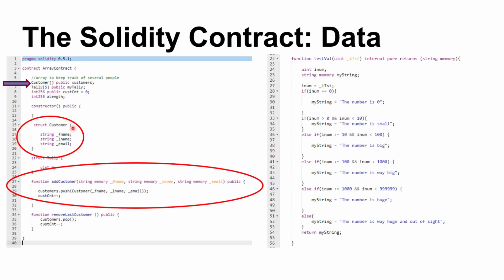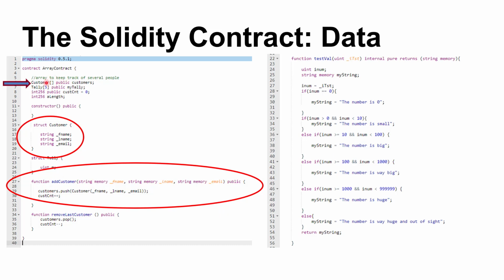And we can see in here, here's a struct for a customer. In this case, we are saying a customer has a first name, a last name, and an email. And with this function here, we are passing in a first name, a last name, and an email. And we are pushing the customer, which is a struct, onto the array called customers.